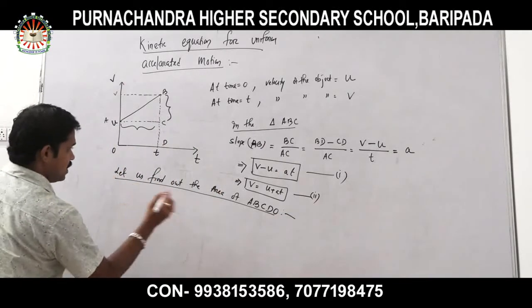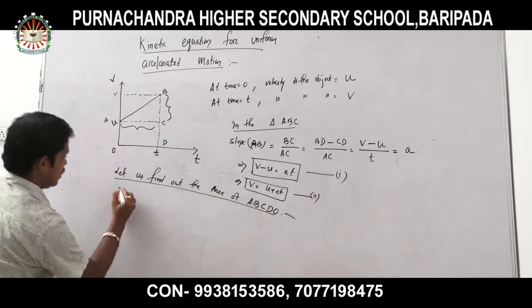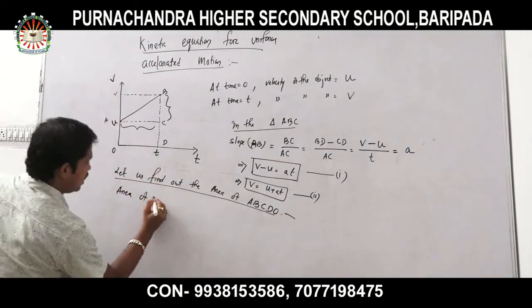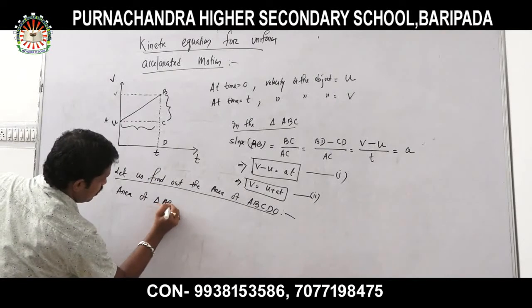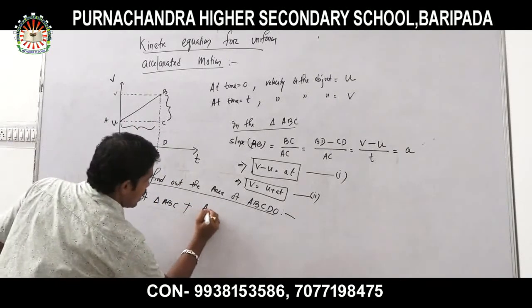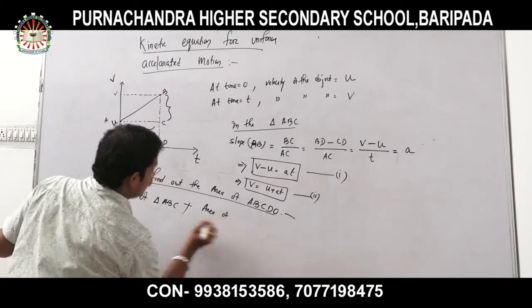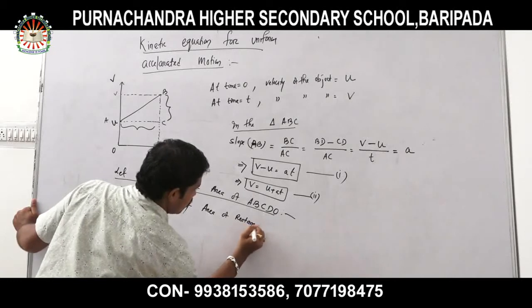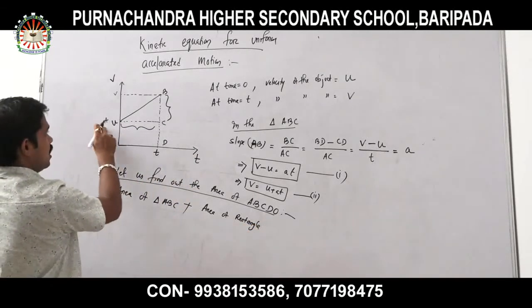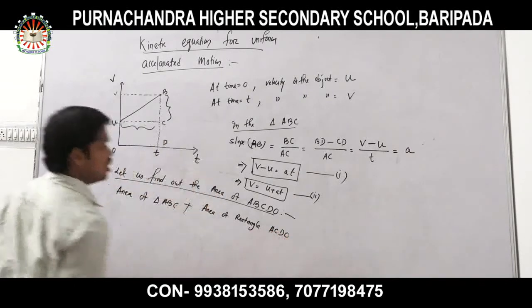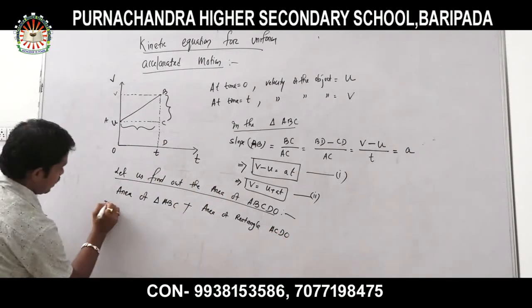So the area of A, B, C, D, O is equal to what I can write? Area of triangle ABC plus area of rectangle ACDO.